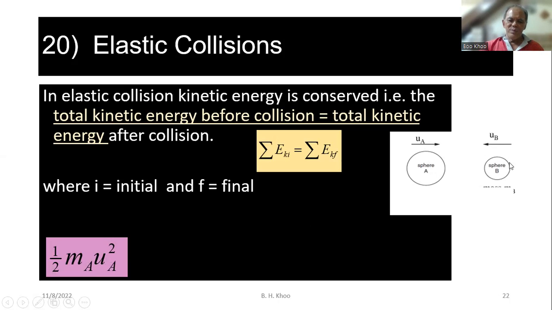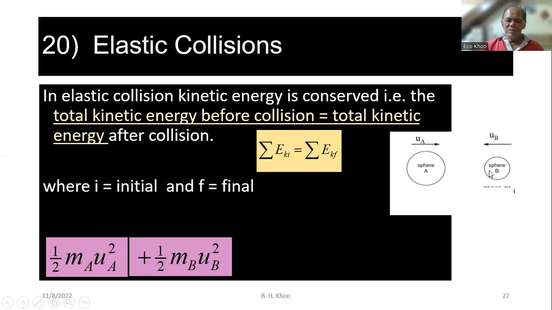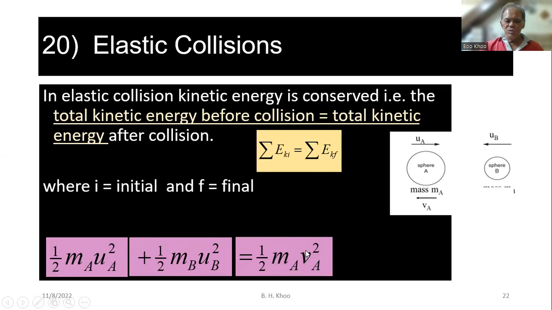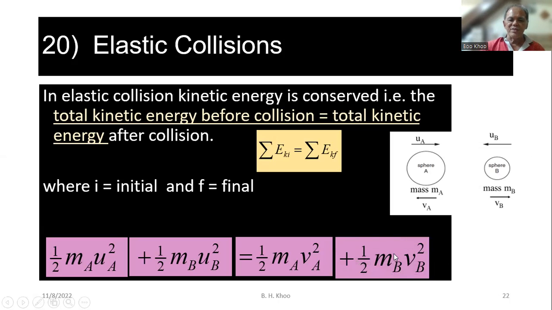Then if this one is moving the other way, I should be able to write mass MB, half MB UB squared, equals to, right? Doesn't matter. If you put a negative sign, your square becomes positive. Right? Final one, right? Square that becomes positive. Half MA UA squared plus half MB UB squared equals the final. I should be able to write out the equation there.